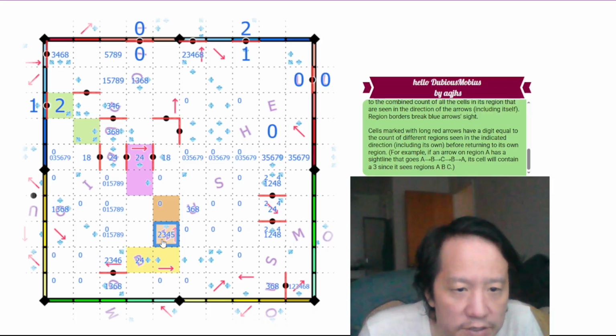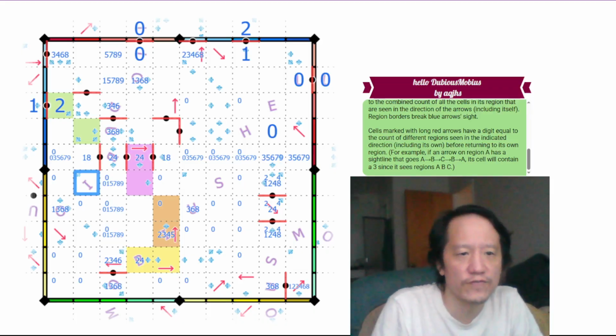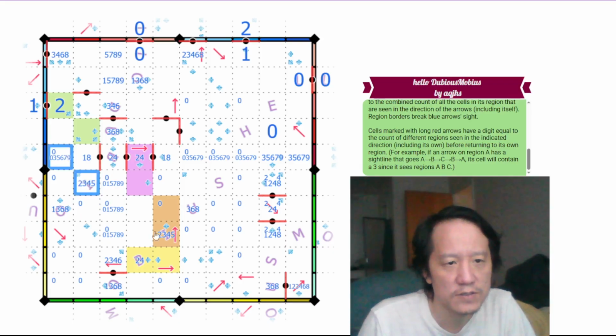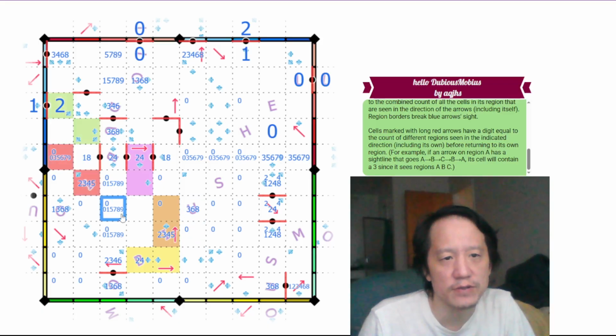Right, so this matches here. So that's 2, 3, 4, 5. So these must be the same region. Maybe make it red. It could be the same as the green region. We don't know. O is seen twice.